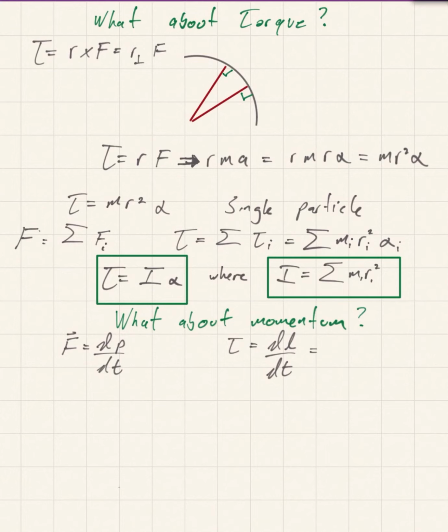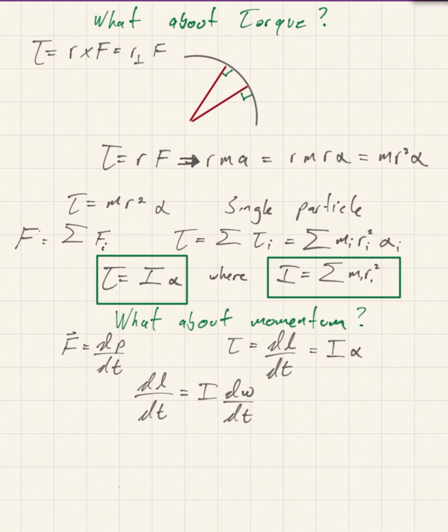But we will have to find what that L really means. But we do know that torque is equal to I alpha because we just derived that. So whatever L is has to be such that when we take its time derivative, it has to give us I alpha. So then dL/dt has to be equal to I d omega/dt.